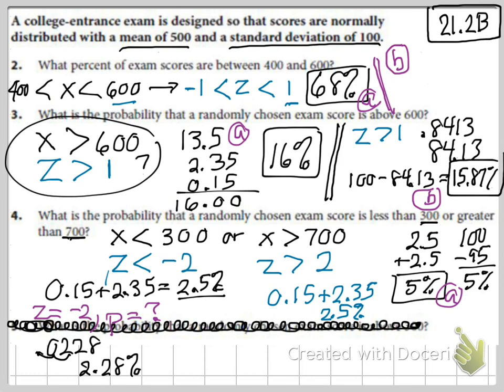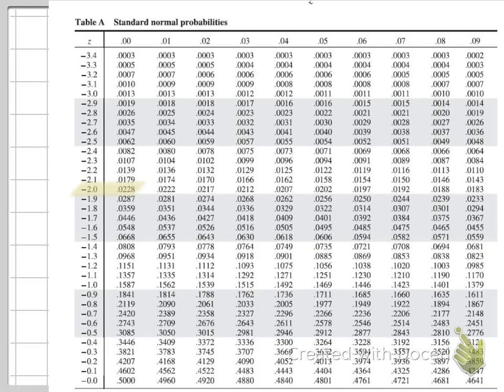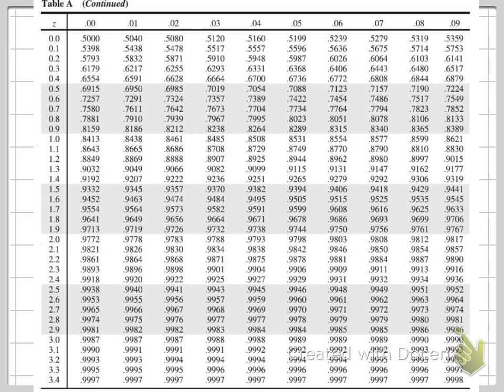When I do it with 700, I'm dealing with a positive 2. If z equals positive 2, what does the p from the table equal? Go into the table, all the way to the positive side.